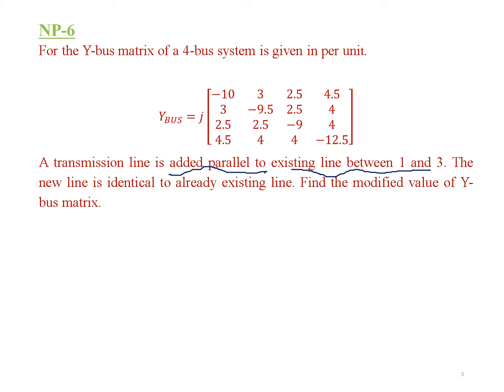So before discussion of this problem, first we should know if we introduce another parallel line between the buses, what are the elements of the Y bus matrix that get modified?